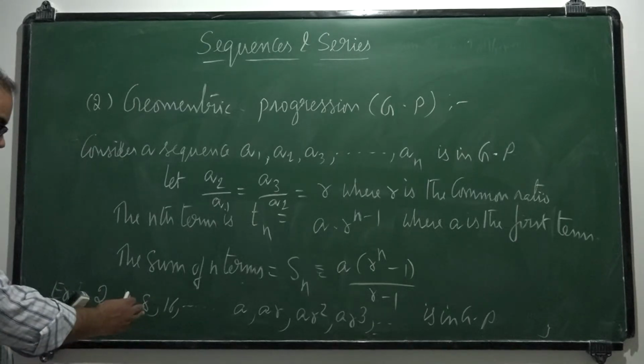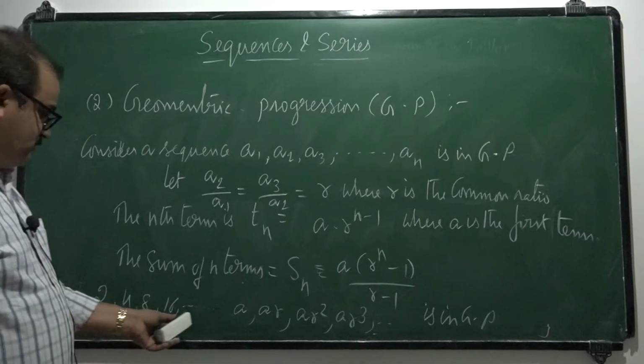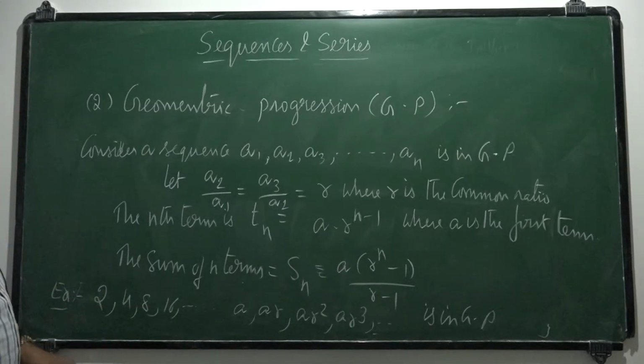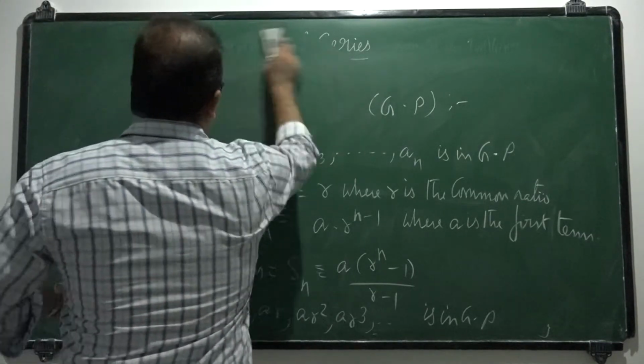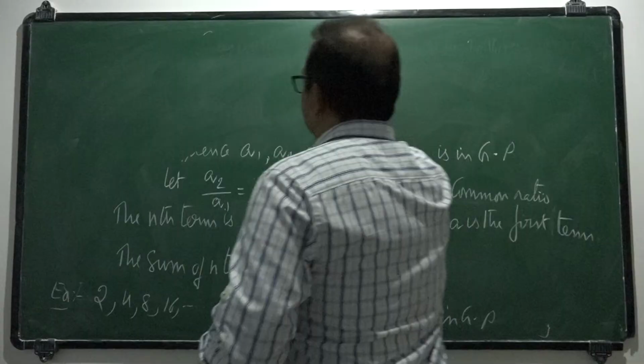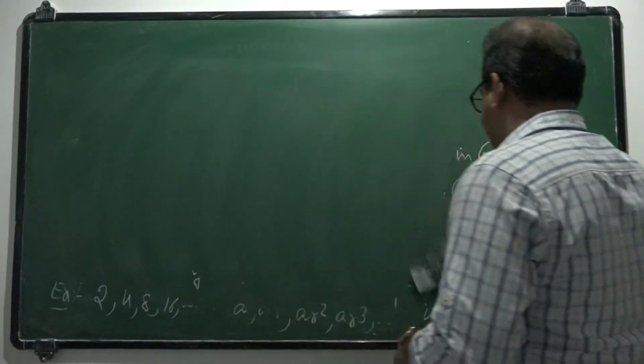Common ratio between two successive terms is constant. So this series is in geometric progression. Now we will do some problems on these two progressions.